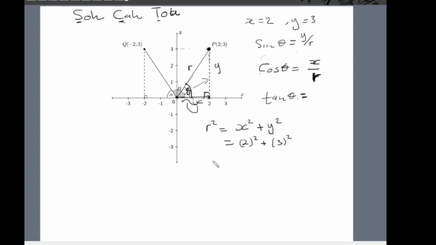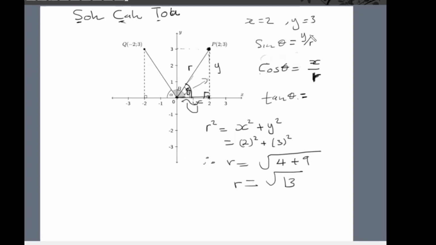And then the hypotenuse will therefore be equal to the square root of 2 squared is 4, and then 3 squared is 9. Now calculate this in your calculator, the square root of 4 plus 9. You'll see what that is, the square root of 13, right? So r is equal to the square root of 13.